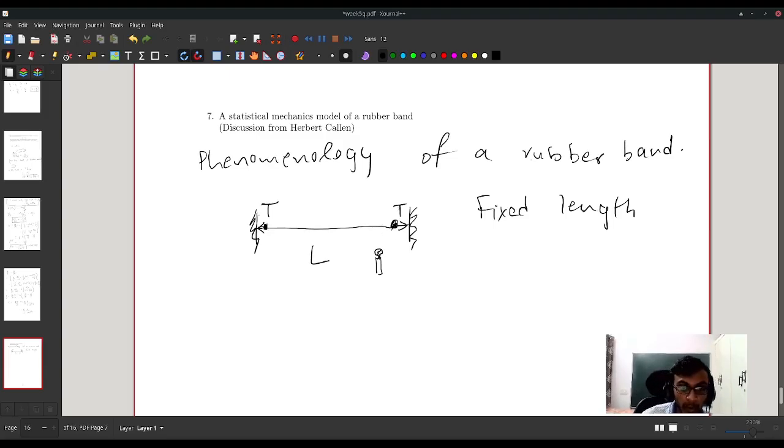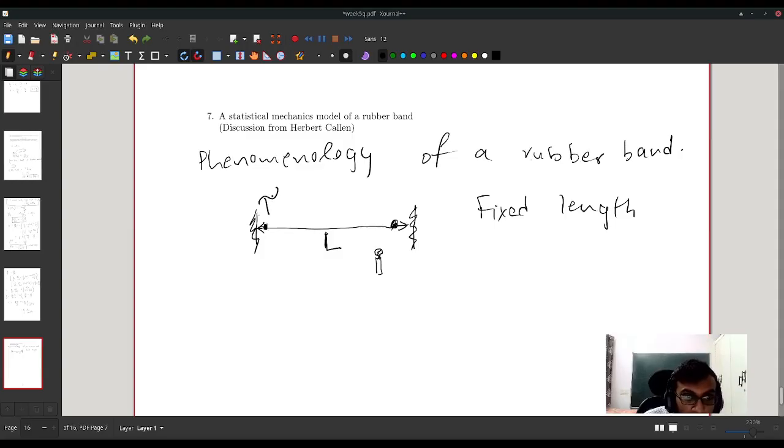Now the question is, what happens to the tension of the rubber band? So we have stretched this rubber band, so it is at a tension, and after heating it, after increasing the temperature, what happens to the tension? Does it increase or decrease? So to be precise, what is this quantity? Okay, sorry, let me use a different symbol for tension. Yeah, nothing to be tensed about.